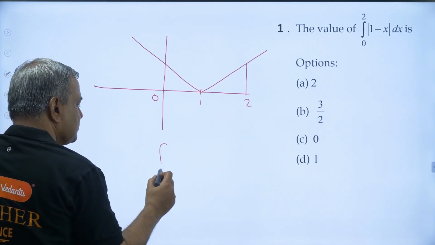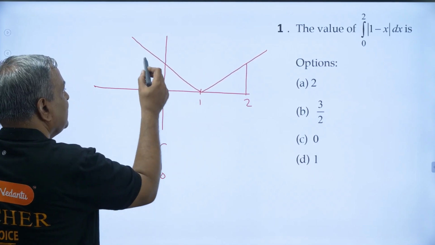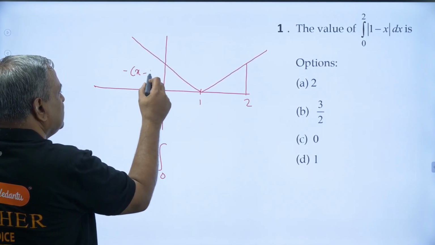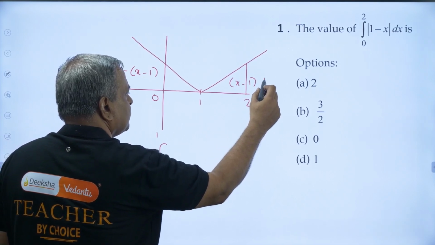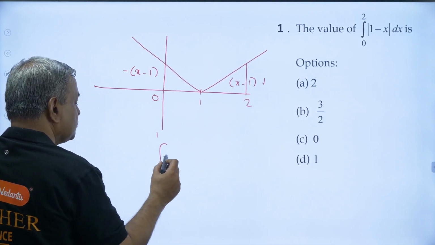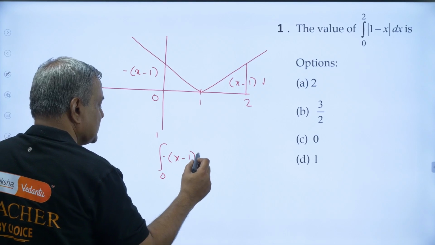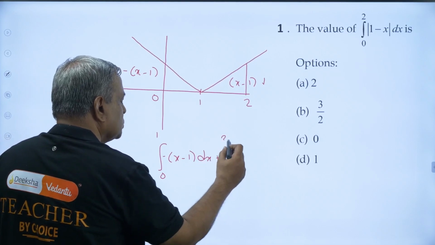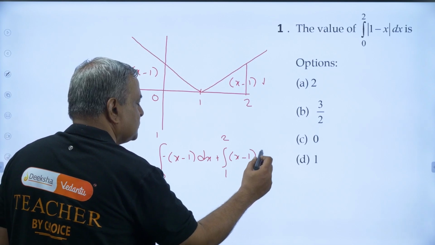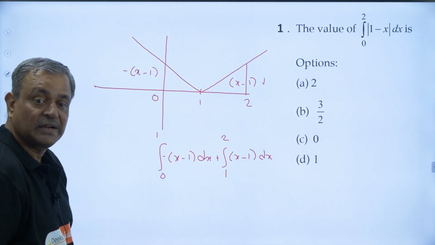So from 0 to 1, this will be minus times of x minus 1, and 1 to 2 it is x minus 1 dx. So minus integral of x minus 1 dx from 0 to 1, plus integral 1 to 2 of x minus 1 dx. Clear?